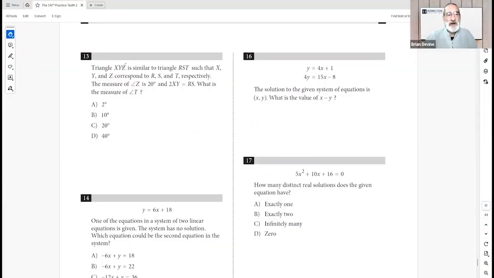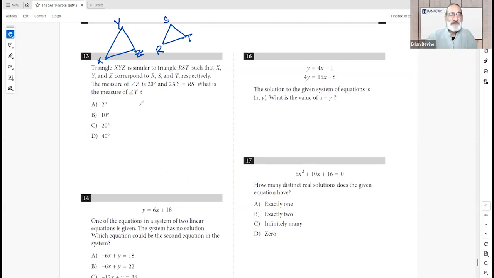Question 13. We're told that triangle XYZ is similar to triangle RST. So we've got one triangle XYZ, and we've got some other triangle RST that's the same shape.